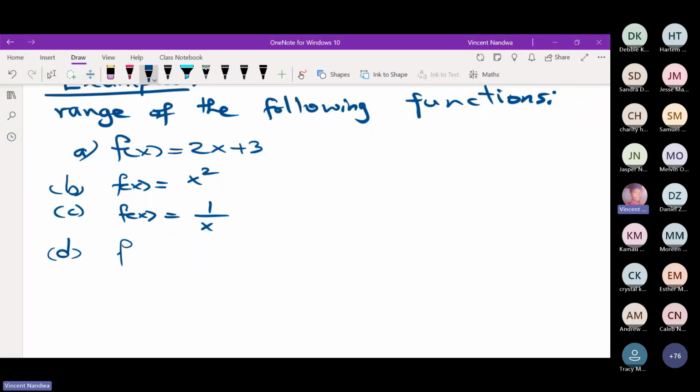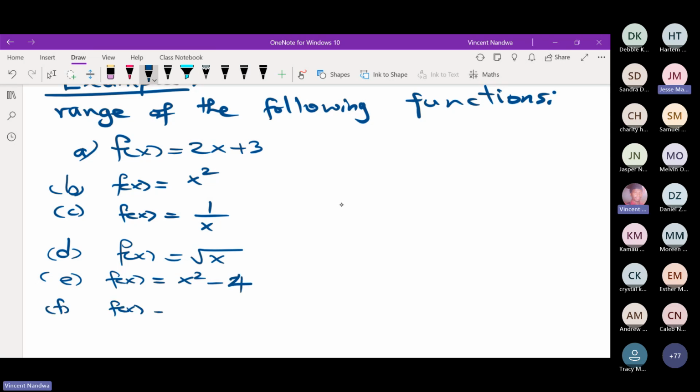Next one, f of x equals square root of x. Next one, f of x equals x squared minus 4.